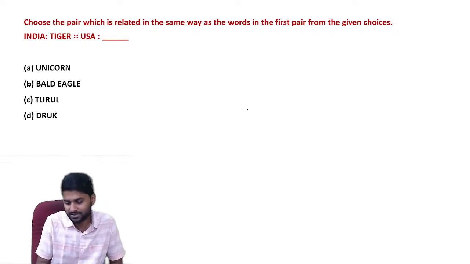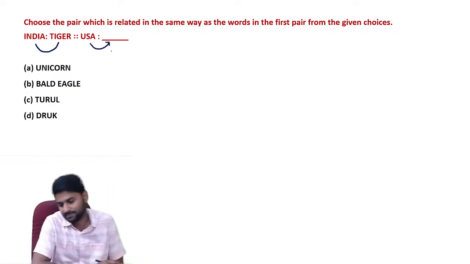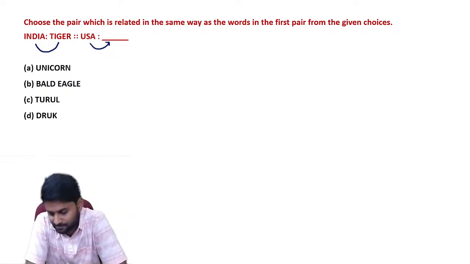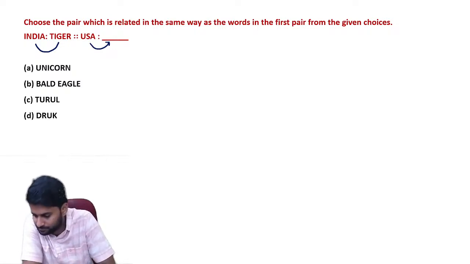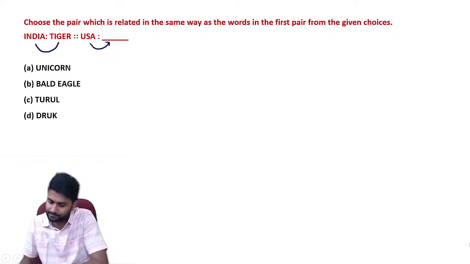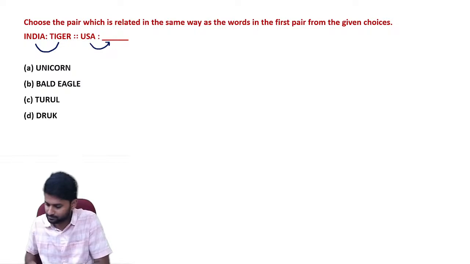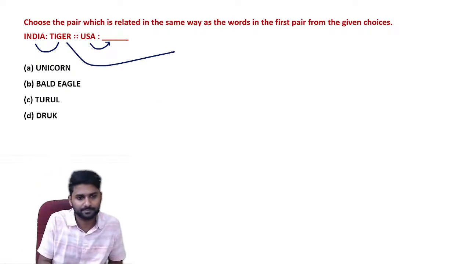Let's go through this analogy concept. Find the relation between India and tiger, and the same relation here. You guys tell me how India becomes a tiger. See, India and tiger is all about the national animal.